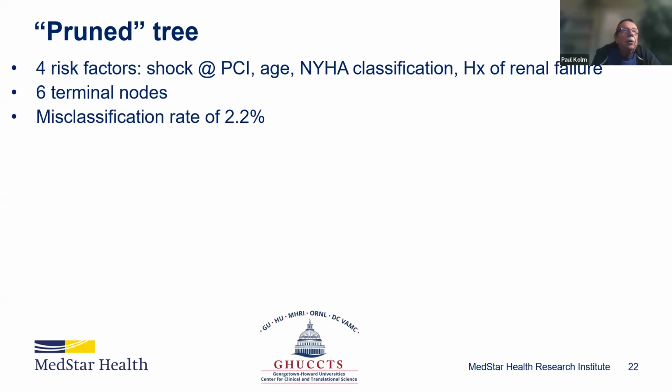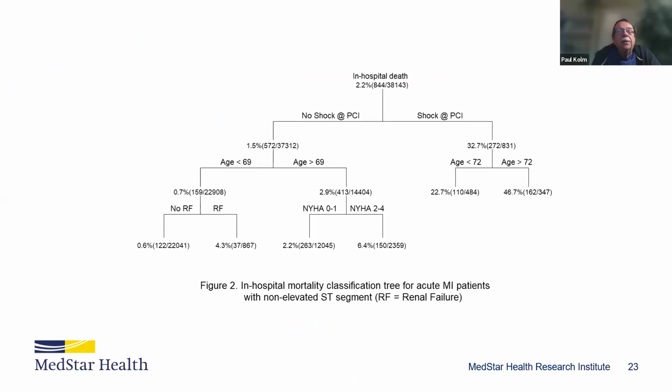This tree has 6 terminal nodes, and the misclassification rate is now only 2.2% compared to 2.1% with the entire set of variables. And here is the tree.